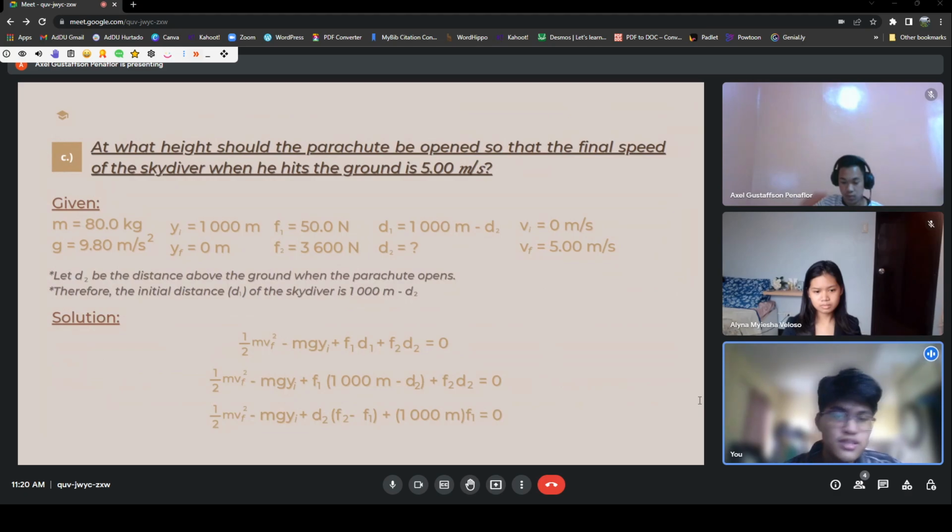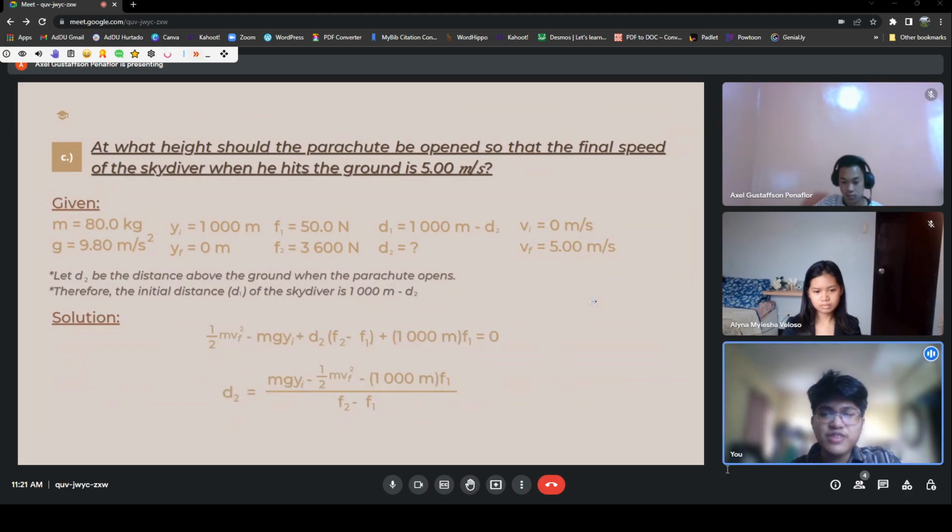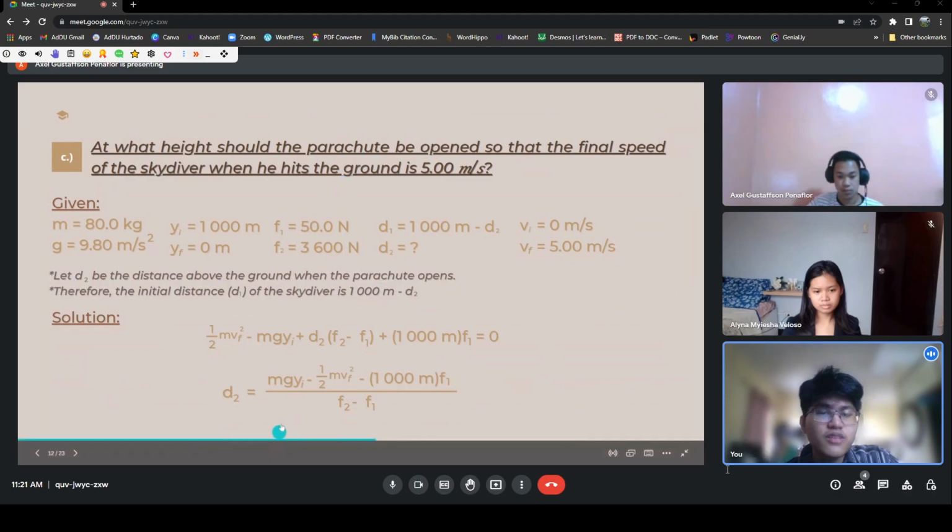And then we'll transpose the equation. After that, we'll be isolating d sub 2, so the equation will be d sub 2 equals mass times gravity times y sub i minus mass times final velocity squared over 2 minus the product of 1000 meters times initial force, over the difference of F sub 2 and F sub 1.